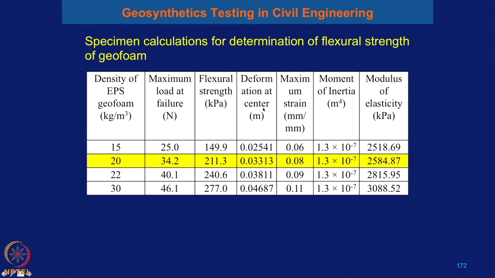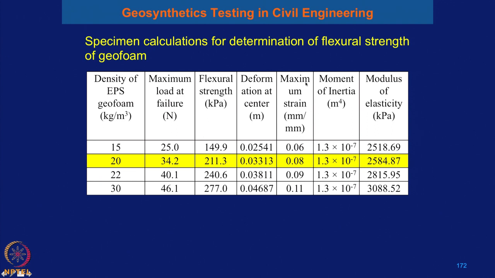You can also measure the deformation at the center: for 15 density 0.02541 meter, for 20 density 0.03313 meter, for 22 density 0.03811 meter, and for 30 density 0.04687.